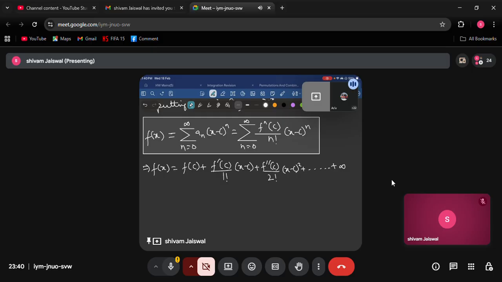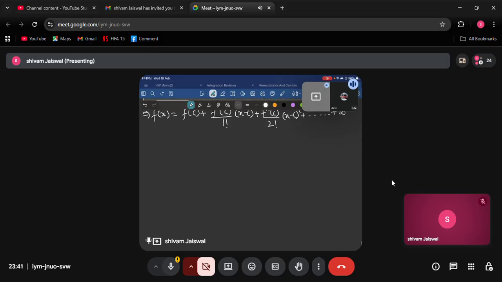So this is what f of x is. You can expand any series using this Taylor series. But we don't require this Taylor series once you understand Maclaurin series.